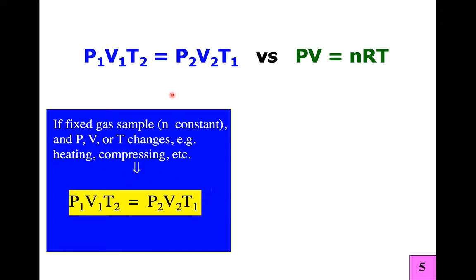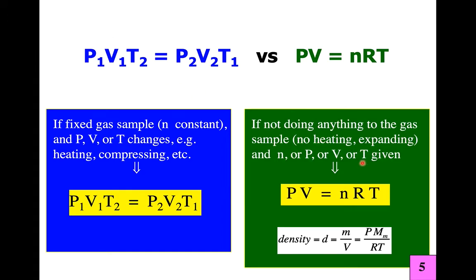So it has to be this version, which is called the combined gas law. If we're not doing anything to it, i.e. we're not heating it, expanding it, anything like that, then we're going to use PV equals nRT, and we're either going to be given or have a way to solve for these variables, put them in, and then solve for the missing variable.